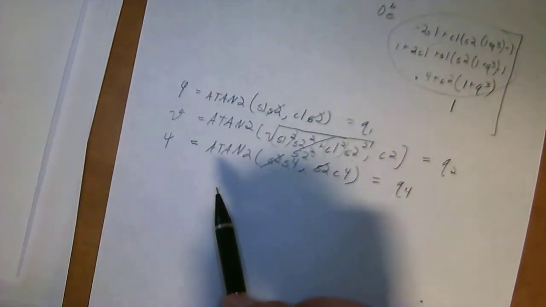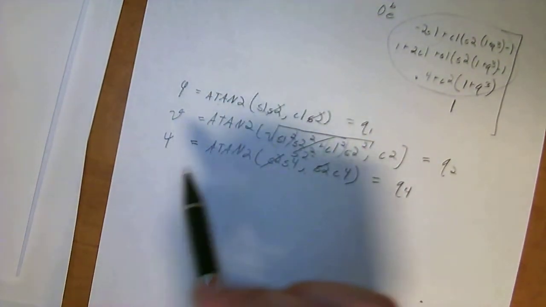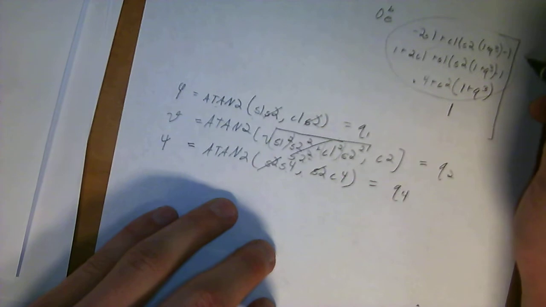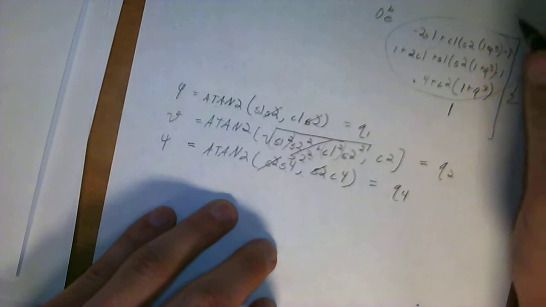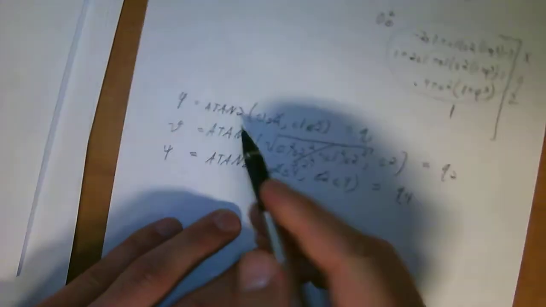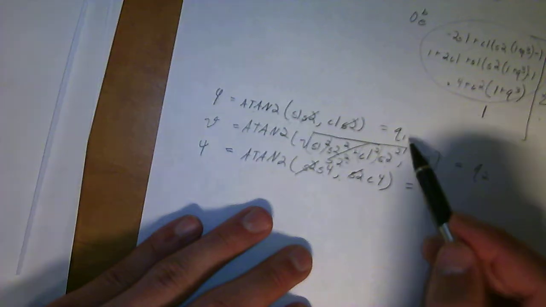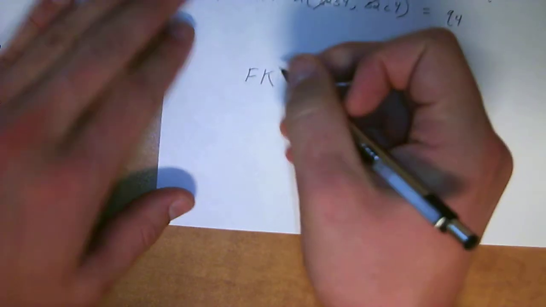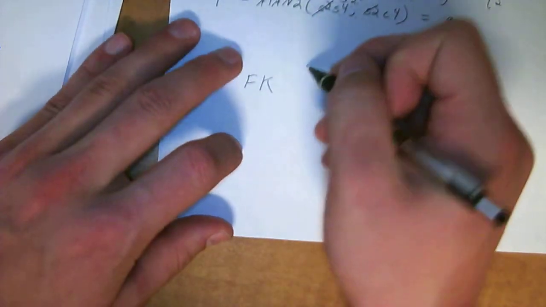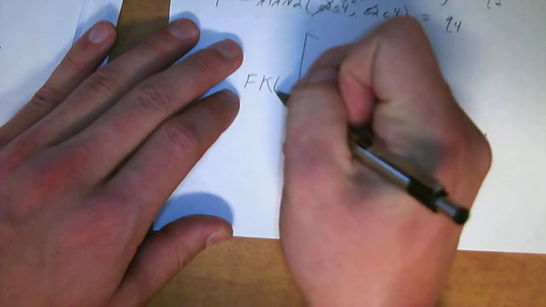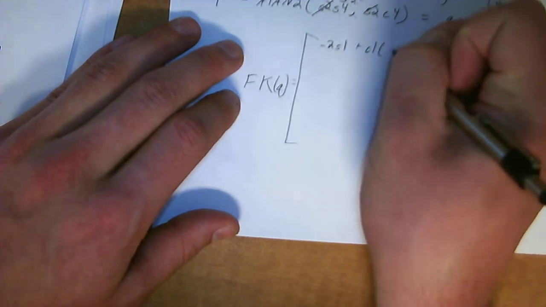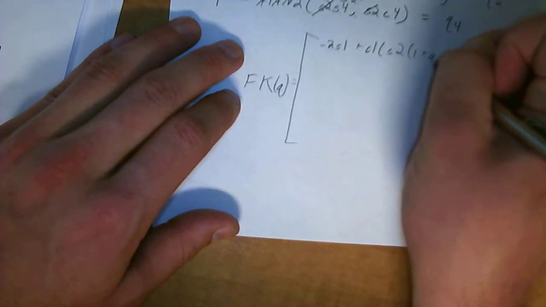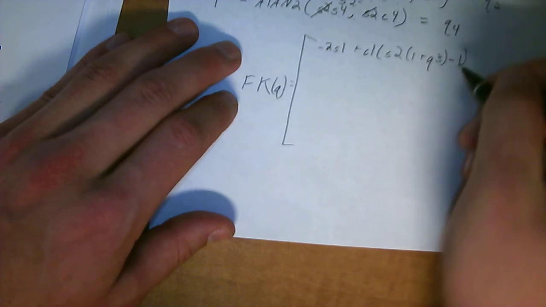So, now you have your x, y, z, because this is your position vector, basically right here. X, y, z right here, and then you've got your rotational vector defined right here, which is q1, q2, q3. So, your forward kinematics of q is equal to minus 2 sine 1 plus cosine 1 of sine squared of 1 plus q3 minus 1.